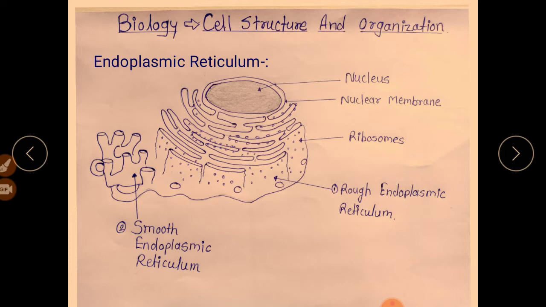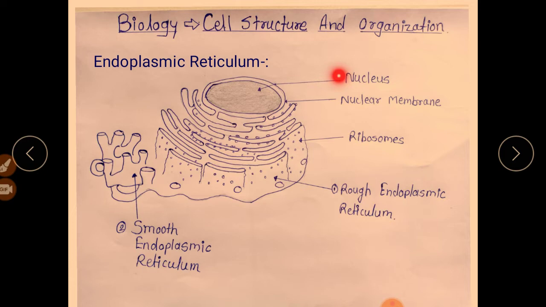When we observe one eukaryotic cell under an electron microscope, it shows a structure like this. Suppose this is one eukaryotic cell, and this is the nucleus of that cell. Around the nucleus and inside the cell wall, there is a hollow cavity, and this cavity is filled by the cell cytoplasm.